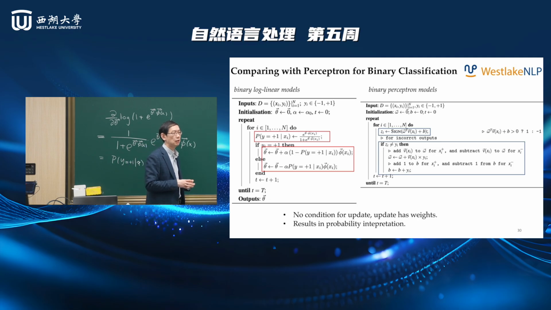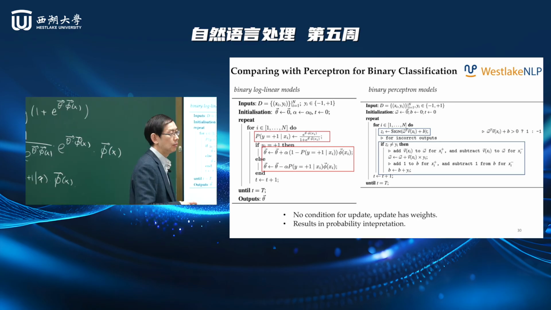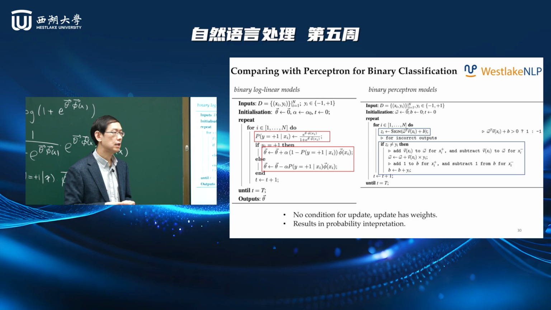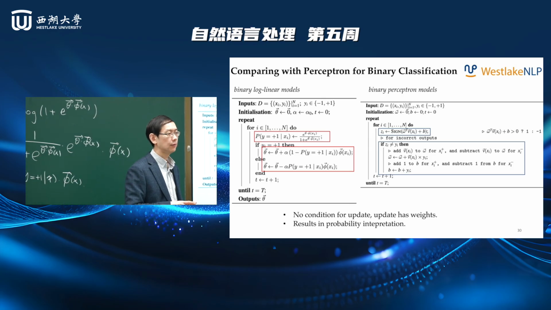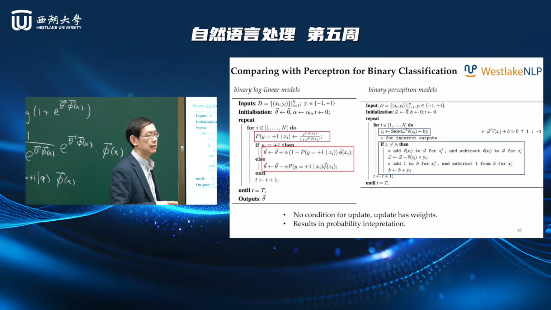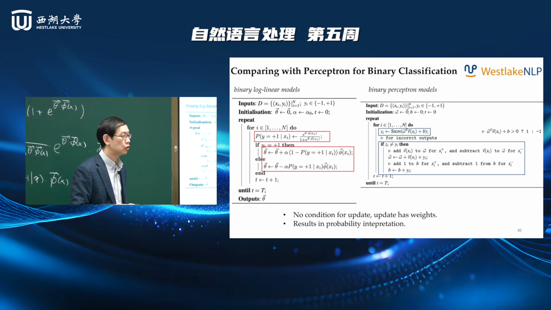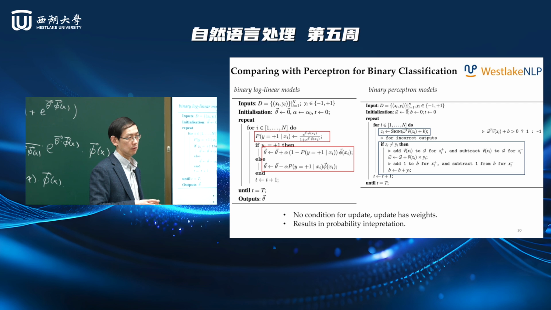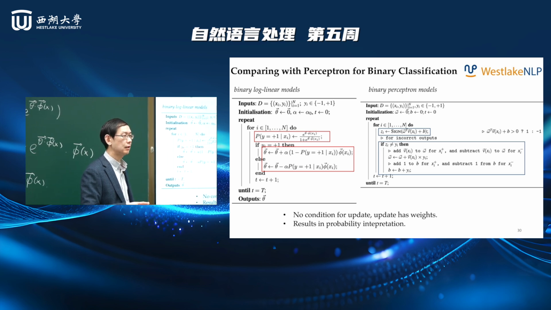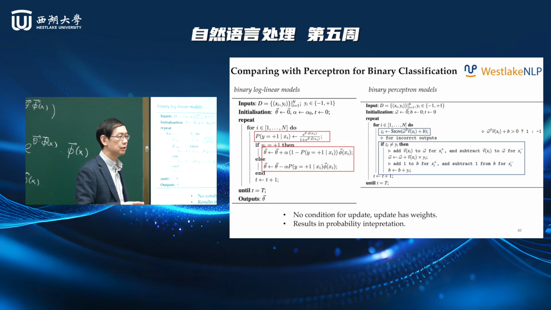But I just said with SGD, you do random initialization. But you could do the same for log linear models by initializing theta to all zeros. What's the advantage? With a fixed initial value, every time you train the model, you get the same model, right? Because for gradient descent, the convergence depends on the initial position.